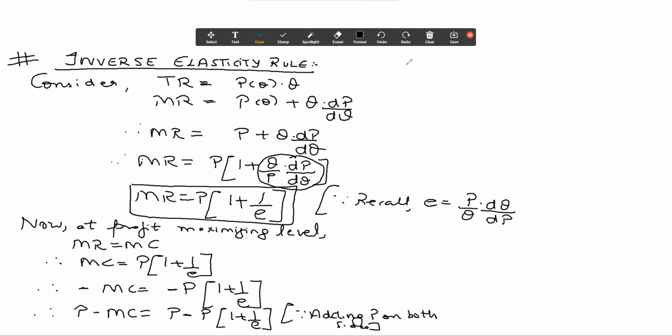And now dividing by P on both sides, what do we get?